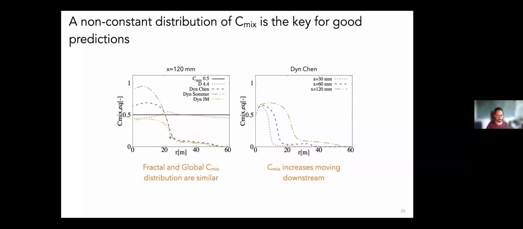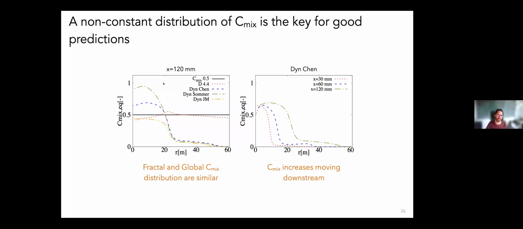Okay, now let's have a look at what happens if we try to find what would be the ideal mixing constant in this case. What is interesting is that when you look at the different local models, they provide a distribution of the equivalent Cmix that you should have if you were using a model like Cmix times k over epsilon.